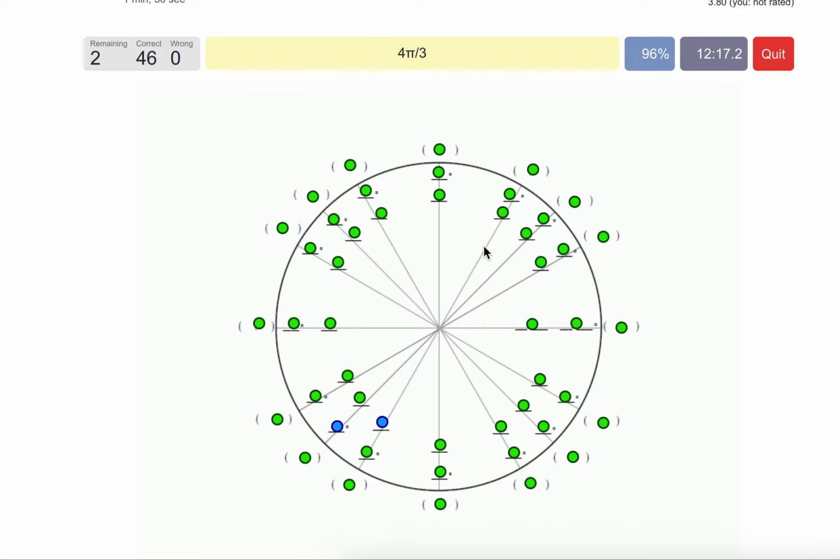Okay, remember this is pi over 3, so in 60-degree intervals, we got 1 pi over 3, 2 pi over 3, 3 pi over 3, 4 pi over 3, right here. And this one is the last one, and you know it's one of the 45 lines because it has a 5. If this is 210, you just add 15 to that to get 225.